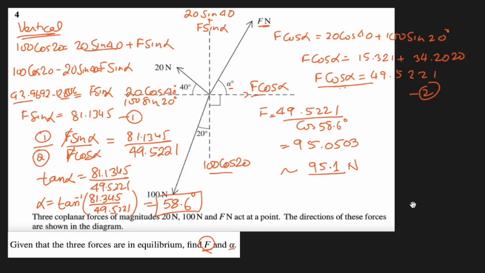Alright, let's go to the next part. Two racing cars A and B are at rest alongside each other. So this is car A and this is car B, at point O. So the point where they start is point O. On a straight horizontal test track, the mass of A is 1200 kg.